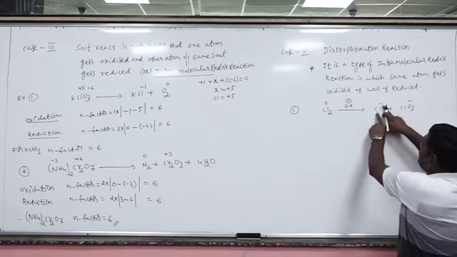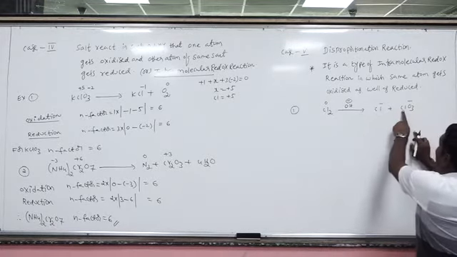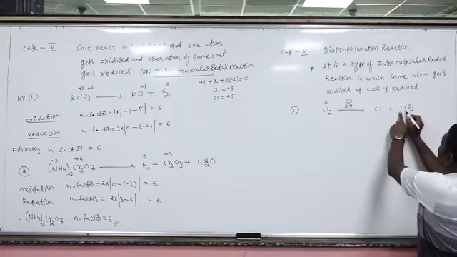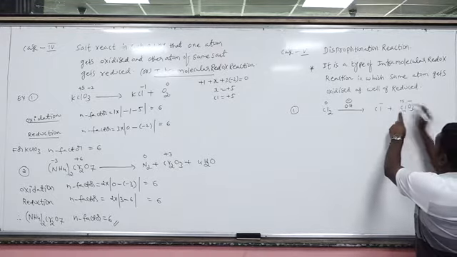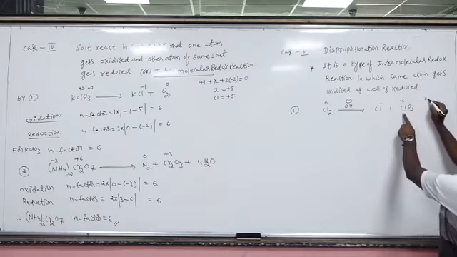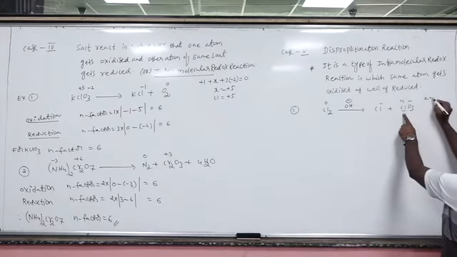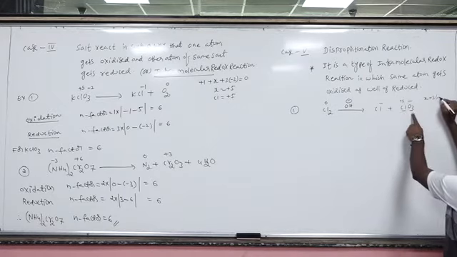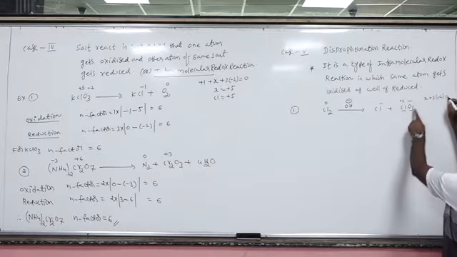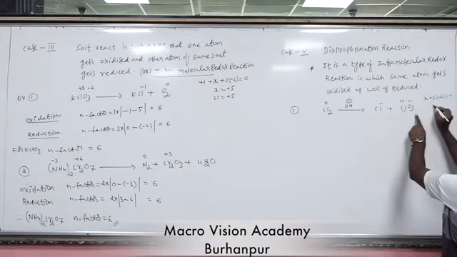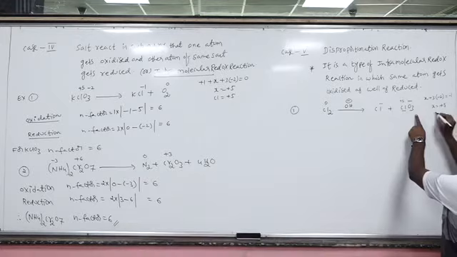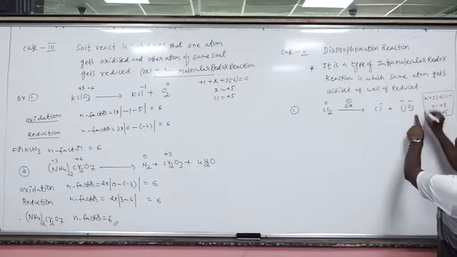Here it is -1 in chloride form. What is the oxidation state of chlorine here? +5. How? Let the chlorine oxidation number be X, plus 3 times -2 for each oxygen is equal to the net charge -1. So X is equal to +5. So the chlorine oxidation number is +5. Are you getting my point?